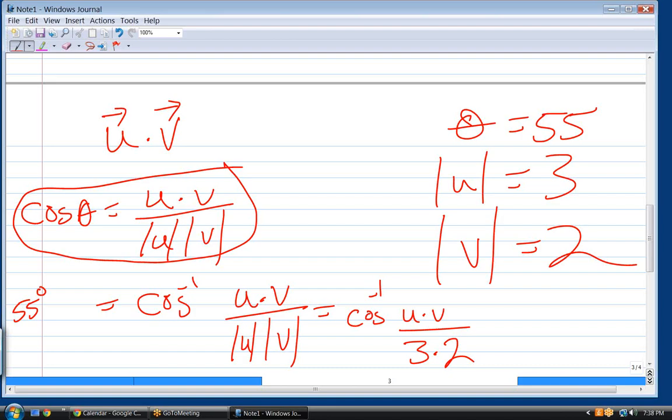But this kind of question forces you to know the formula from the book, and they're asking about u dot v, so you would have to do it this way. You couldn't do it the way I was saying was easier. But this is fairly easy to memorize if you think about it: u dot v divided by the modulus of u times the modulus of v.